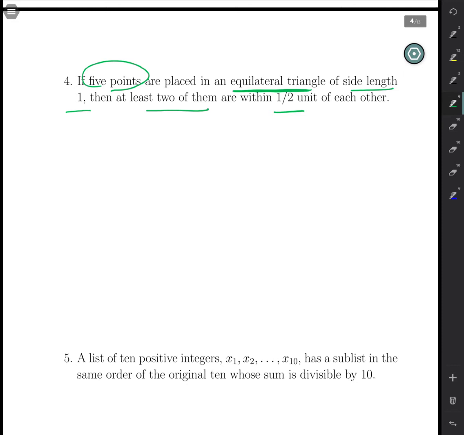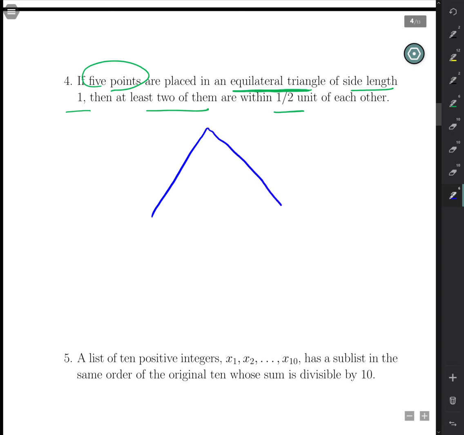But let me show you the pigeonholes. I'm going to draw the triangle and show you the pigeonholes. By the way, this can be done with various regular shapes like this equilateral triangle. So the equilateral triangle would look like this, like so. You have to imagine it's drawn perfectly. It's not, but it's close enough. These are all side lengths of 1.